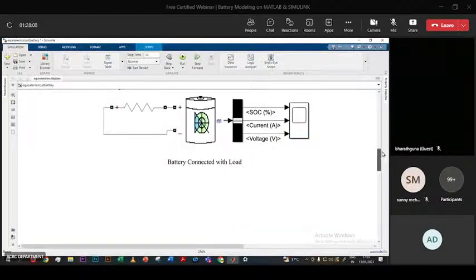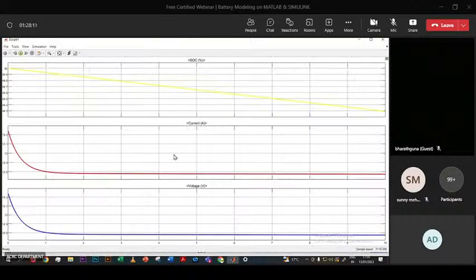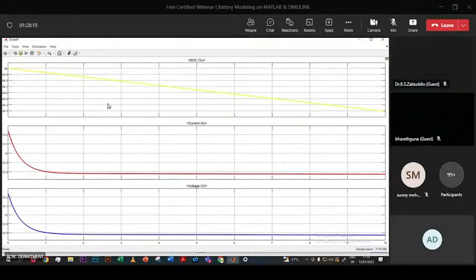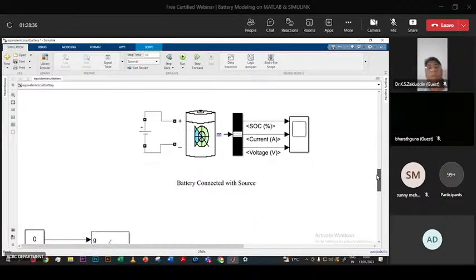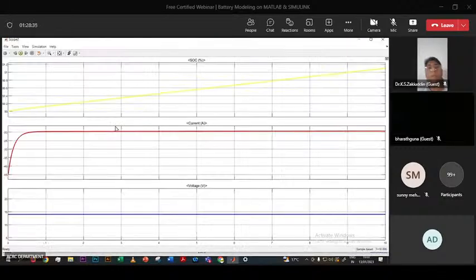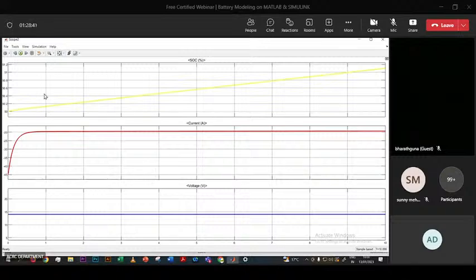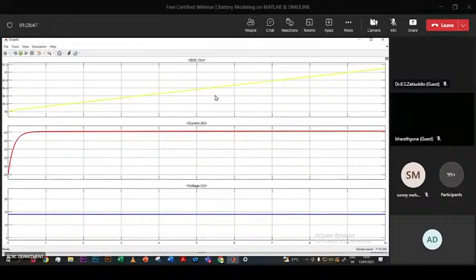For this one, when I connected with the load, this was on my graph. When the battery came to discharging, we can see a decrease in the SOC, from 50 to 49%. The SOC decreases, and we can also see a dip in current as well as voltage. Now, when the battery is connected to the source, we can see that my battery SOC starts increasing.